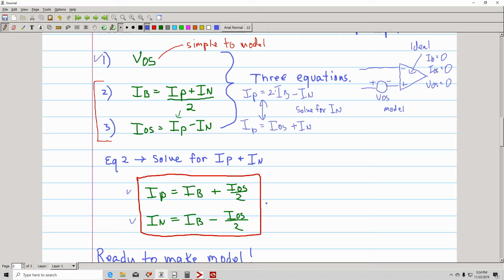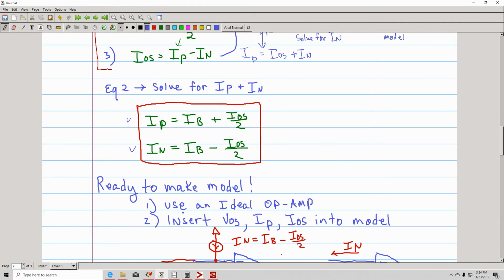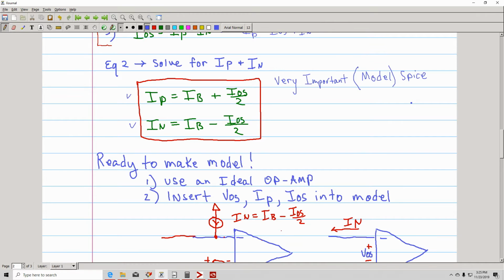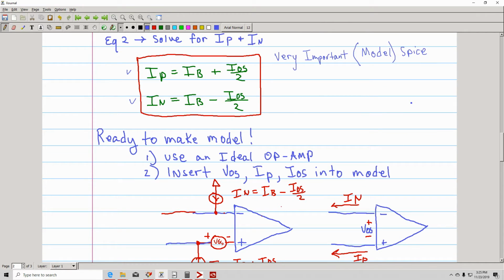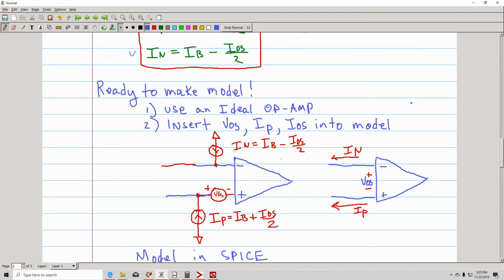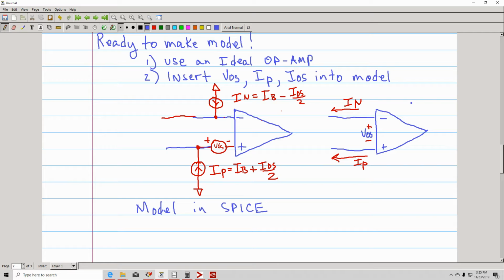So basically these are the two equations, or the equation that is very important, because this is the one equation that we're going to model in Spice. And then we're going to do a mathematical model. Okay, so now that we have our equations, we're ready to make a Spice model.